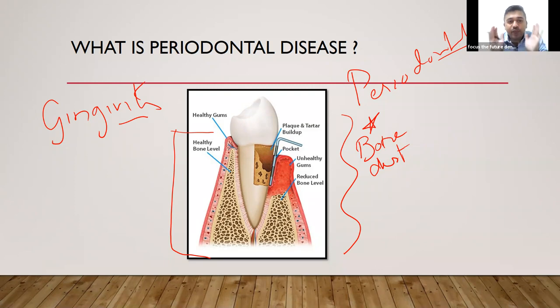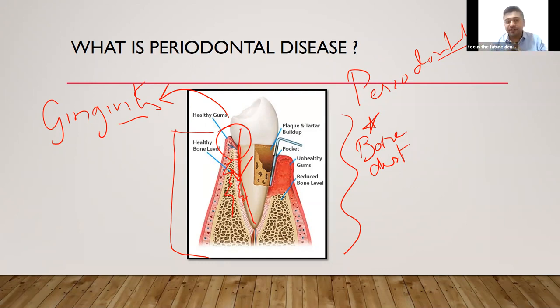At that point where the inflammation is contained within the gingiva, you call it gingivitis. Whereas if the infection progresses and moves down into your periodontal ligament, your alveolar bone, and onto your cementum, that means these are all different periodontal structures. If the inflammation progresses into these structures and there is damage to them, then you call it periodontitis.